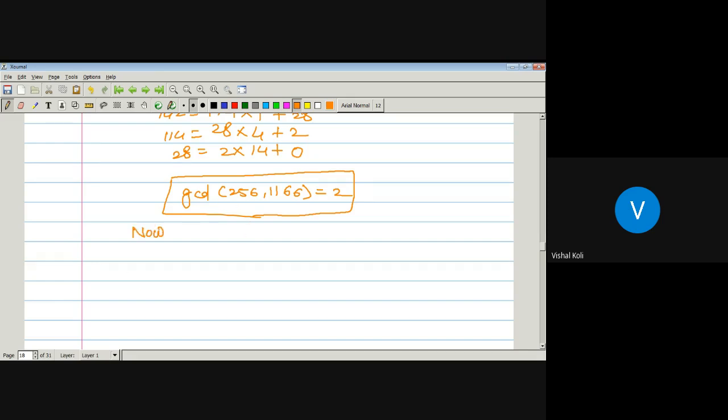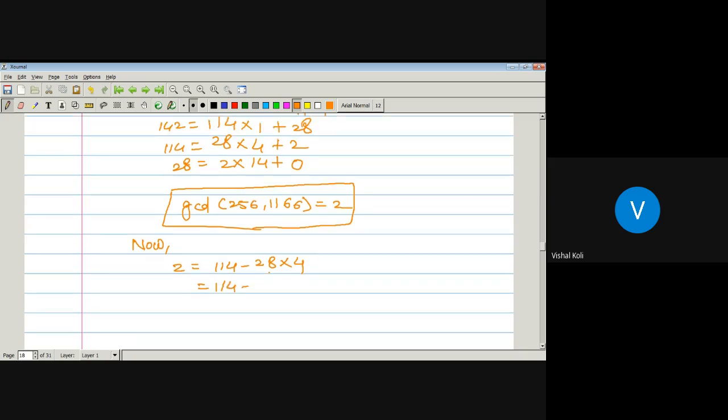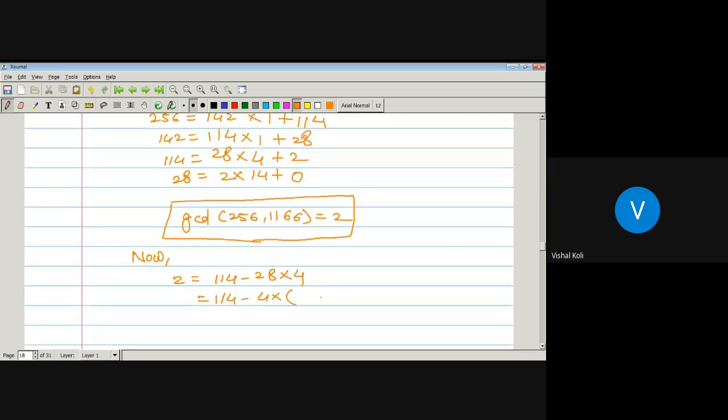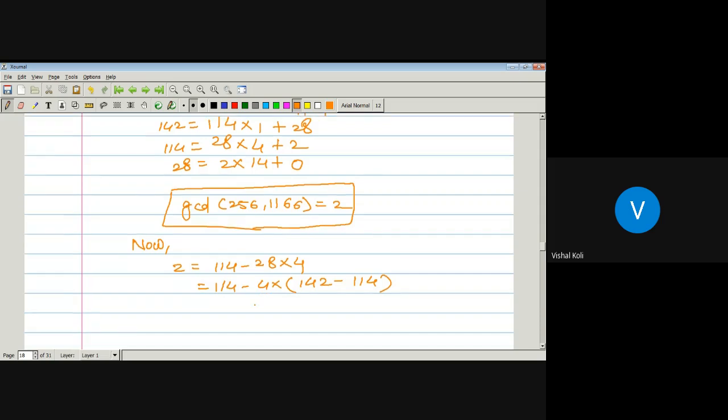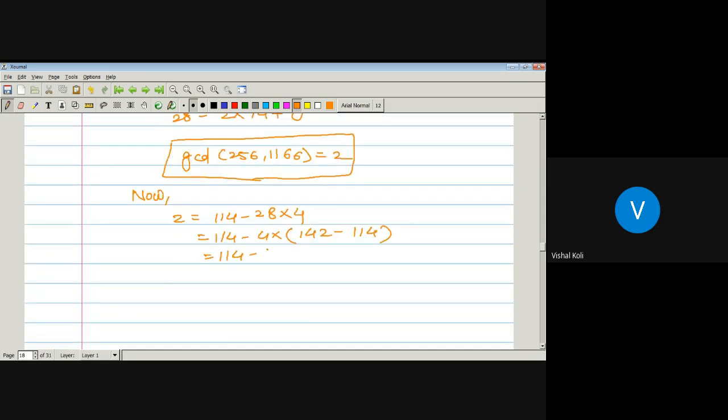Now 2 can be written as 114 minus 28 into 4, which can be written as 114 minus 4 times 28, where 28 is 142 minus 114 into 1. That is 114 minus 4 times 142 plus 4 times 114, which is equal to 5 times 114 minus 4 times 142.